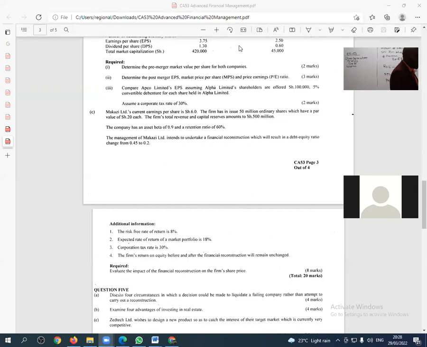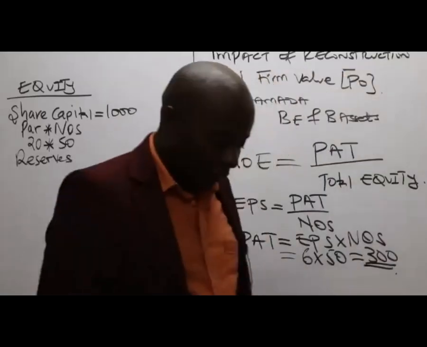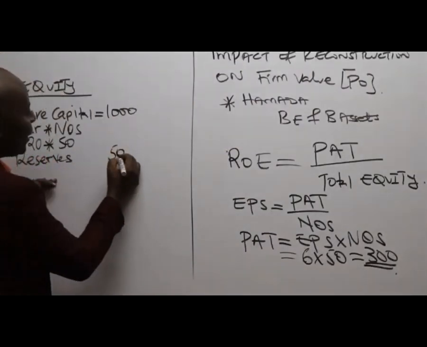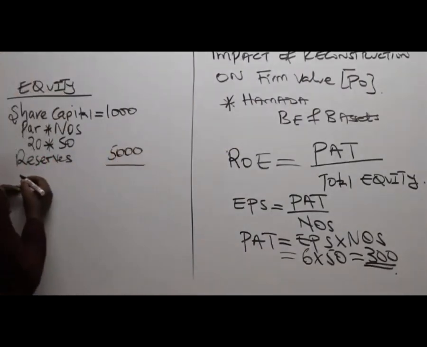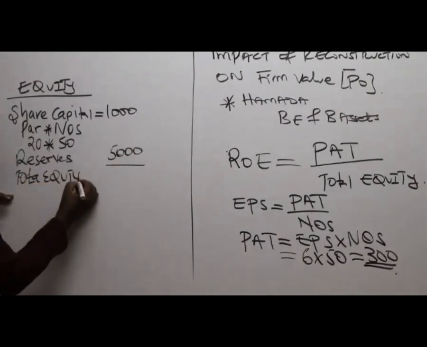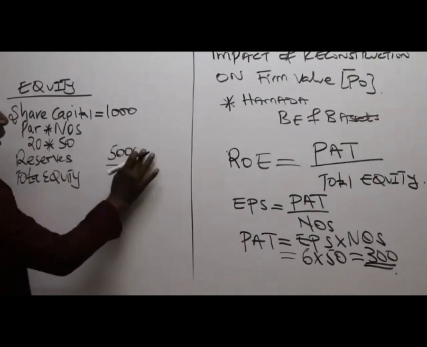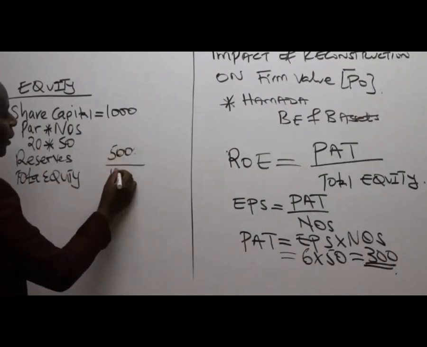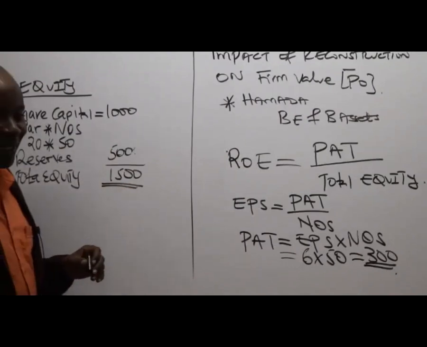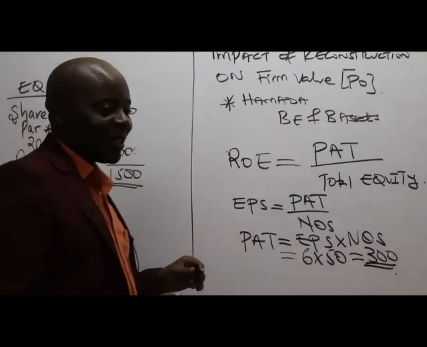They amount to 500. So we have here reserves 500, meaning, ladies and gentlemen, that the total equity here will be 1,000 plus 500, what here, somebody? 1,500. The total equity will be 1,500.